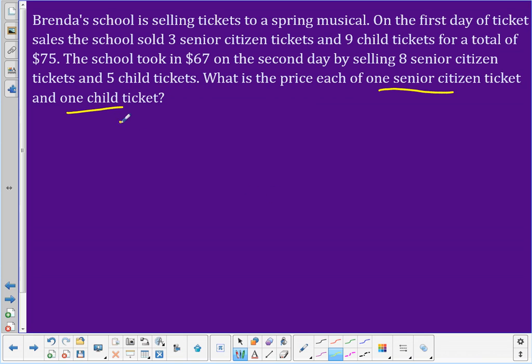So I'm going to say that X is my senior citizen ticket, and Y is my child ticket. All right, so now I go back to the beginning, write the system. On the first day of ticket sales, the school sold 3 senior citizen and 9 child tickets for a total, which is like your equal sign, of $75.